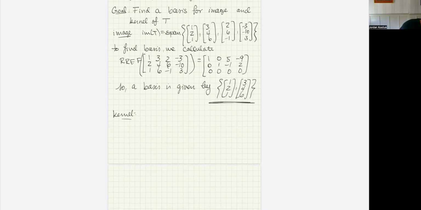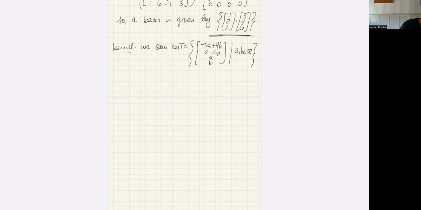For the kernel, we previously computed this. This was the set of vectors of this form.